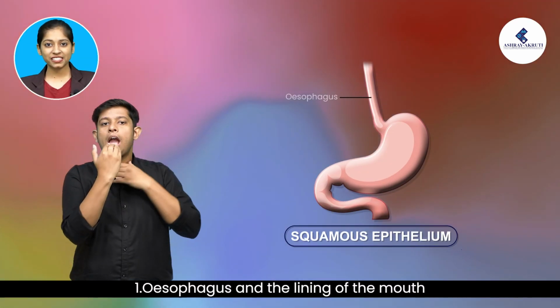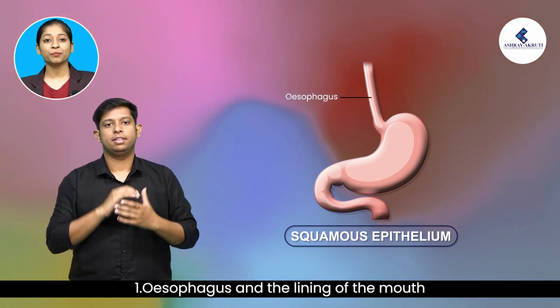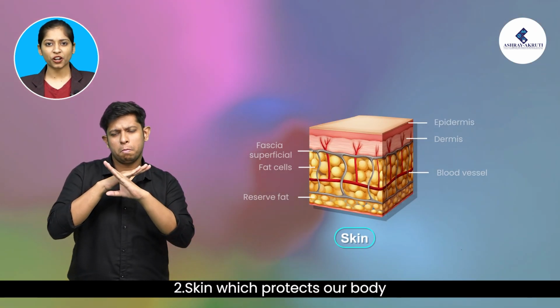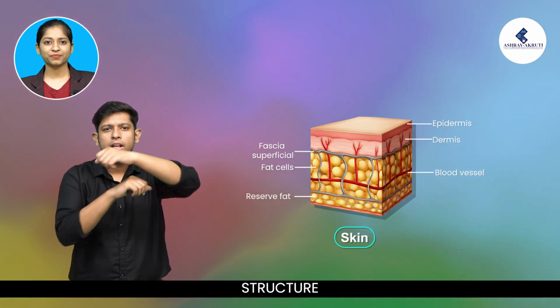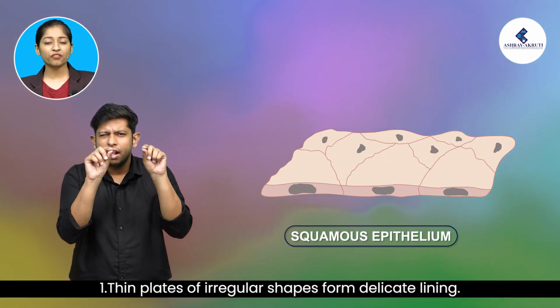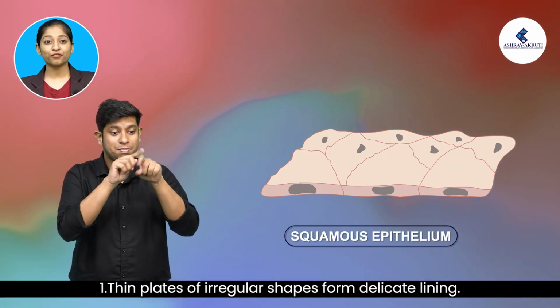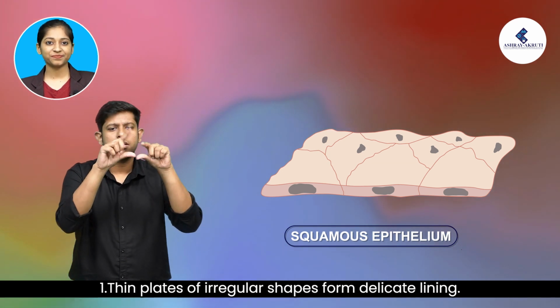Squamous epithelium. Squama means scale of skin. Location: esophagus and the lining of the mouth, skin which protects our body. Structure: thin plates of irregular shapes form delicate lining.